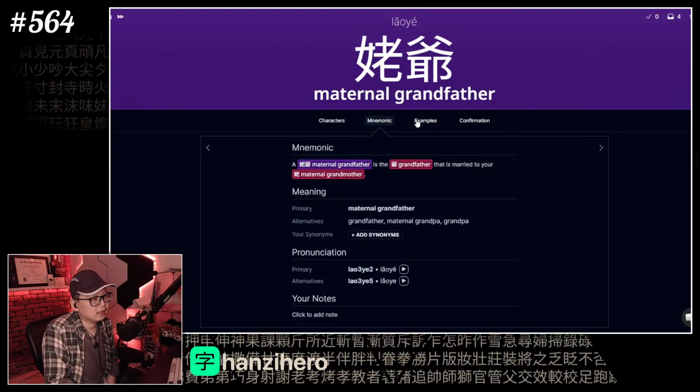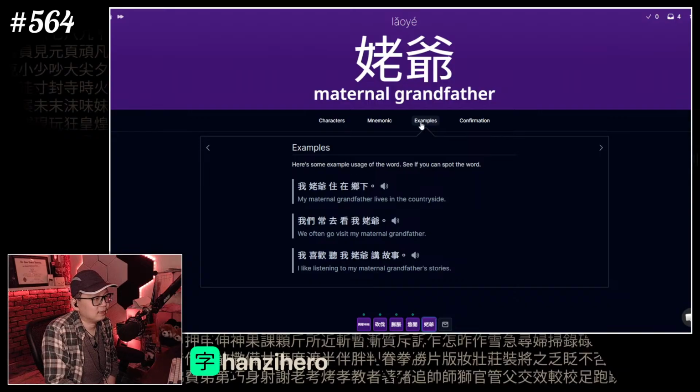Members of the family, we're gonna have to break out a family tree at some point. 我老爷住在 countryside, 乡下, right? 乡下。我们常去看我姥爷。我喜欢听我姥爷讲故事。Oh, interesting.